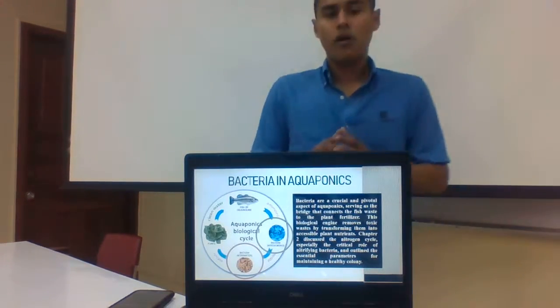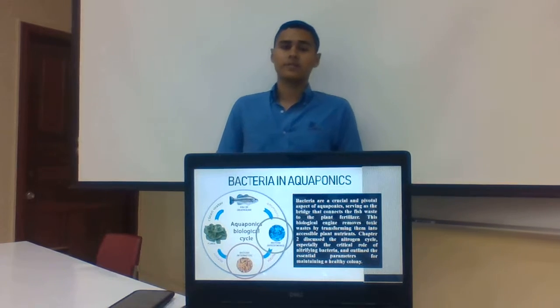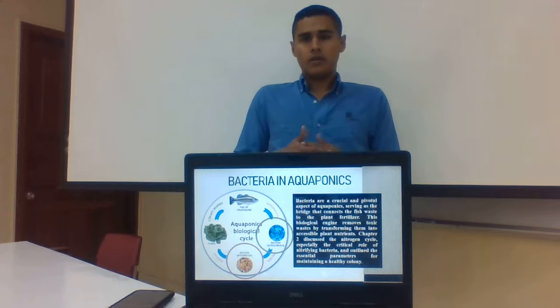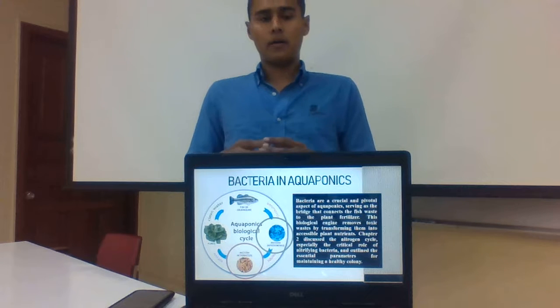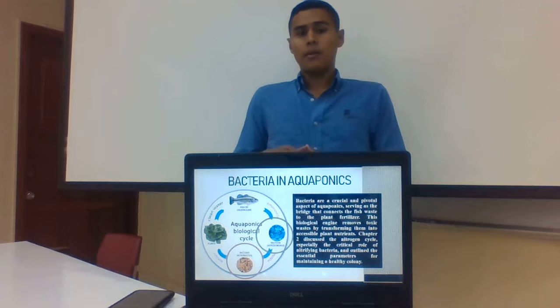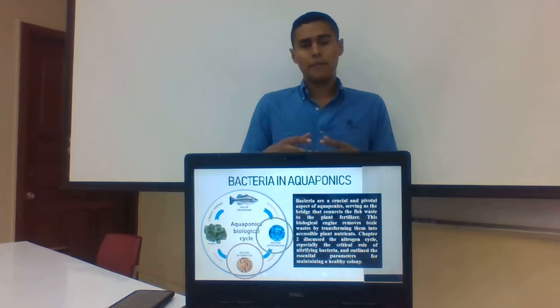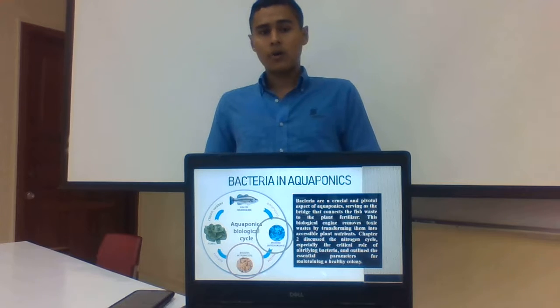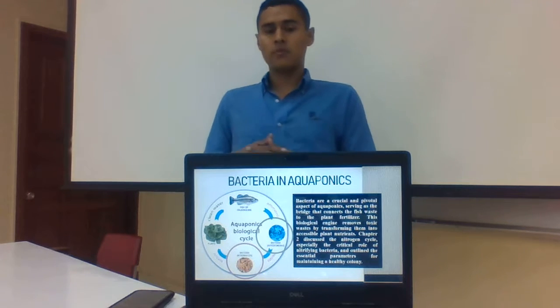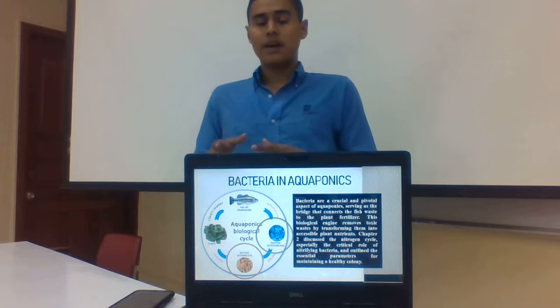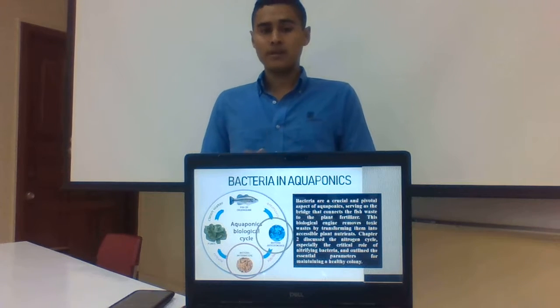The functions of bacteria in aquaponics. As I said before, nitrogen is produced in ammonia, but in a way that is not accessible to plants. But bacteria perform a special function because they transform this ammonia to nitrate that can be accessible to plants.